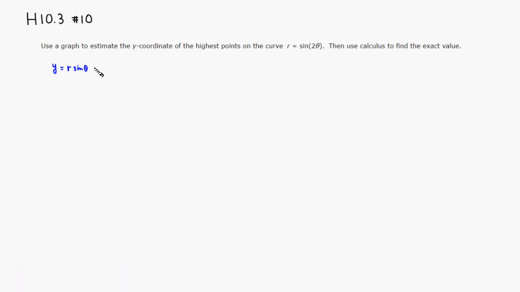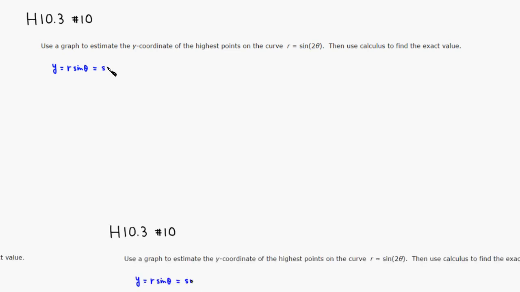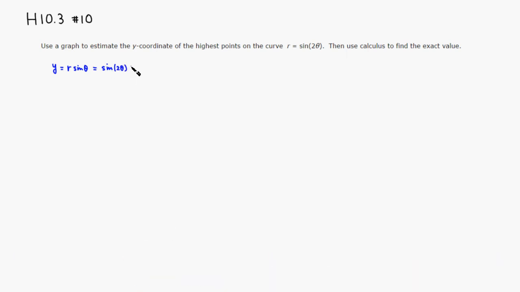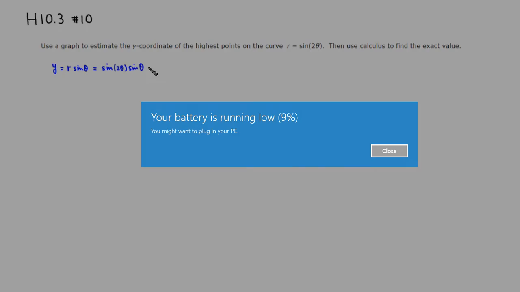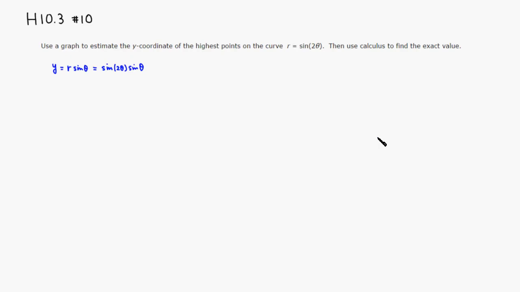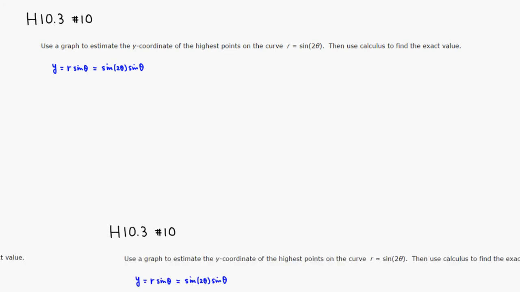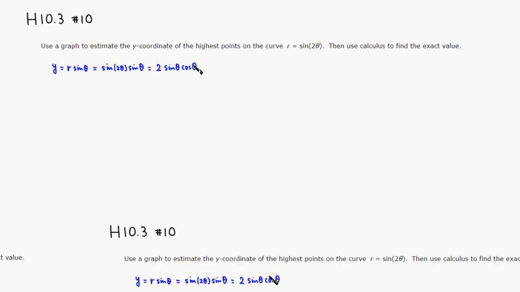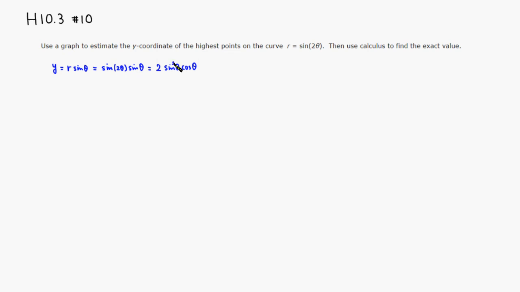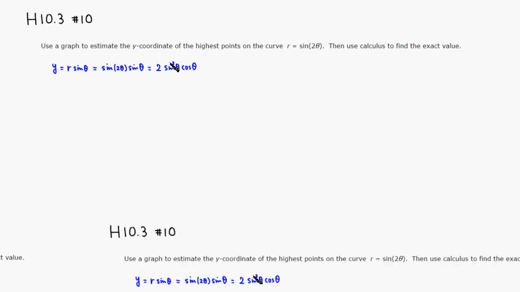In this case, r is sine of 2 theta, so we put sine of 2 theta times another sine of theta. We can rewrite sine of 2 theta as 2 sine of theta times cosine of theta. Then you multiply by another sine, so I'm going to put the square there. So this is a y function.